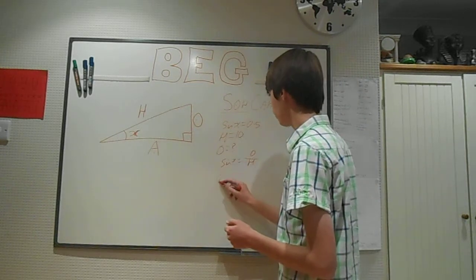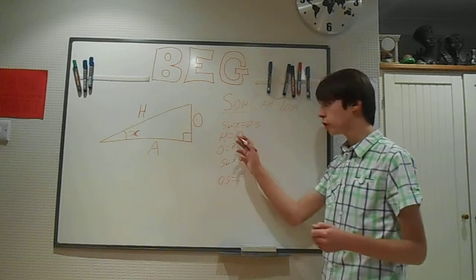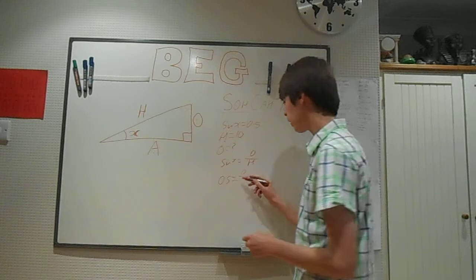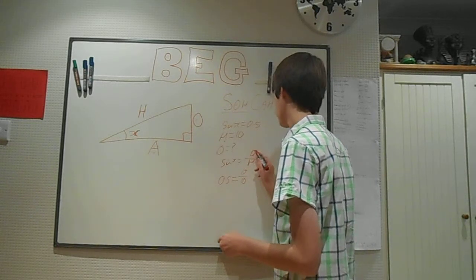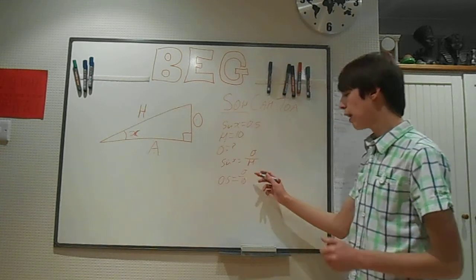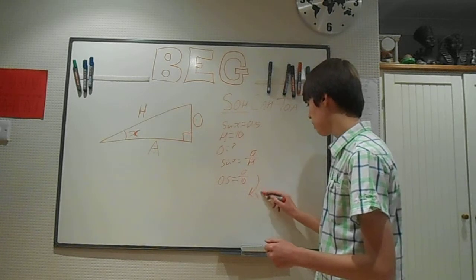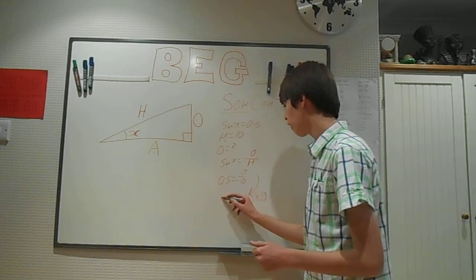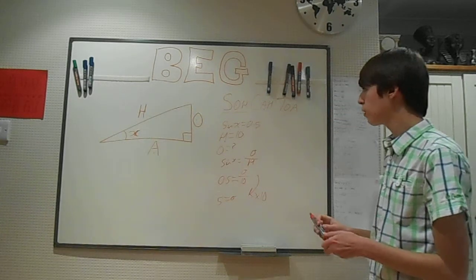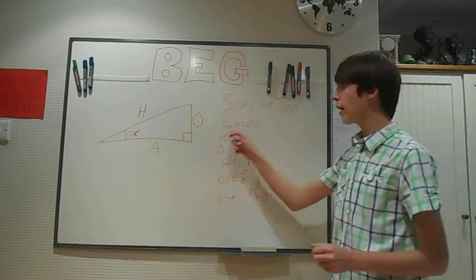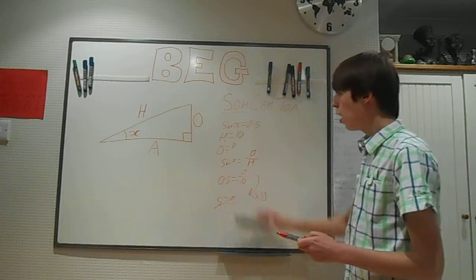Sine of x is equal to 0.5. So 0.5 equals O over the hypotenuse, and the hypotenuse, we know here, is 10, okay? So it's O over 10. That is an O, not a 0. Okay, so how do we work this out? We simply multiply both sides by 10, so we get 5 equals O. So, if sine of x equals 0.5 and h equals 10, then O is equal to 5.